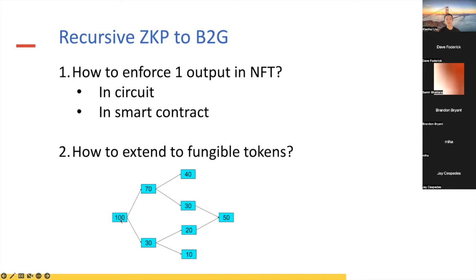So that's it. A little bit more challenging one would be this, merging. Let's say you have 30 and 20, you want to merge to 50. So here you want to check, okay, this is legit, meaning it comes from the Genesis. This one's legit coming from the Genesis, but also the sum is good here too. The problem here is you have to think carefully, because this is not a single chain.